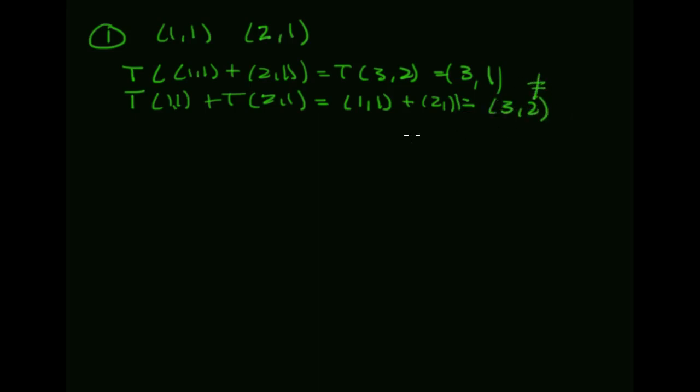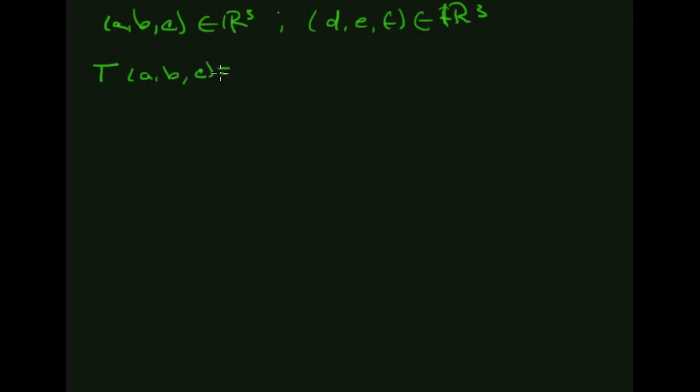Since these two are not equal, this means that this is not a linear transformation. So when we look at this, proving that one is a linear transformation takes a little bit more work.